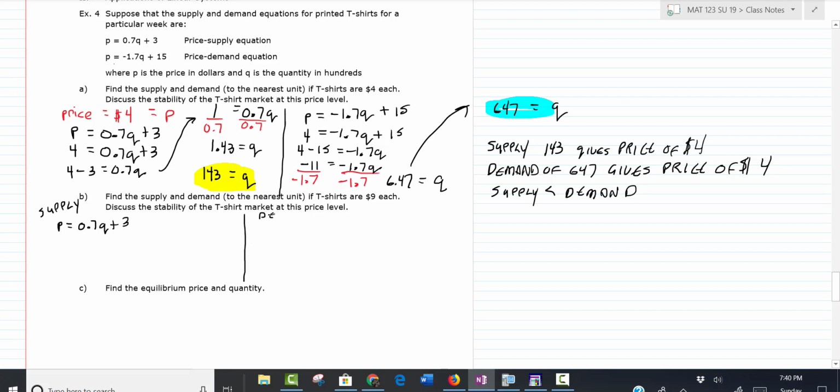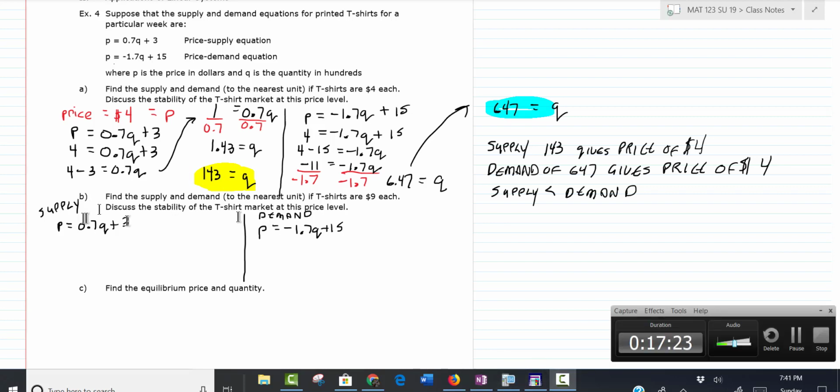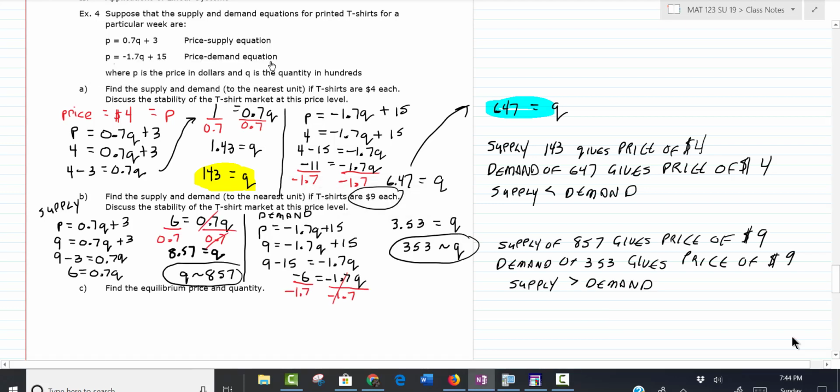Okay, and then write down your demand equation, which is P is equal to negative 1.7 Q plus 15. So what I want you to do is the same thing. Just go ahead and pause the video and then plug in a $9 price and then write a comment based on what you find. Okay, come back, pause the video, check when you're ready.